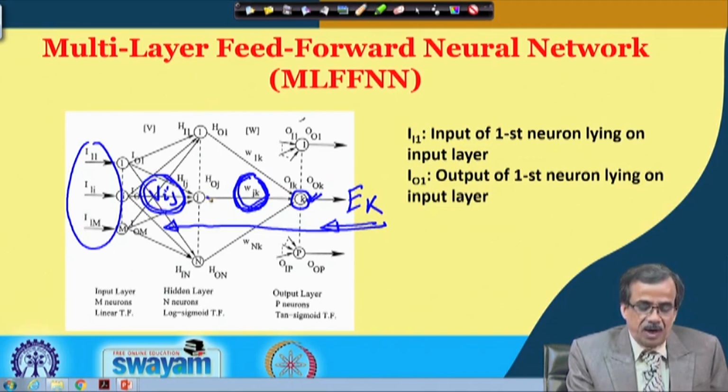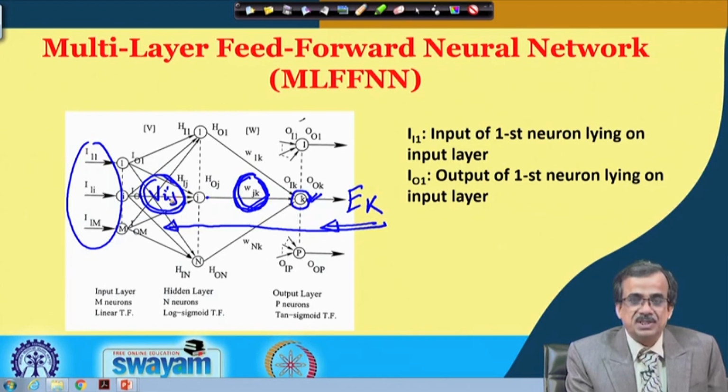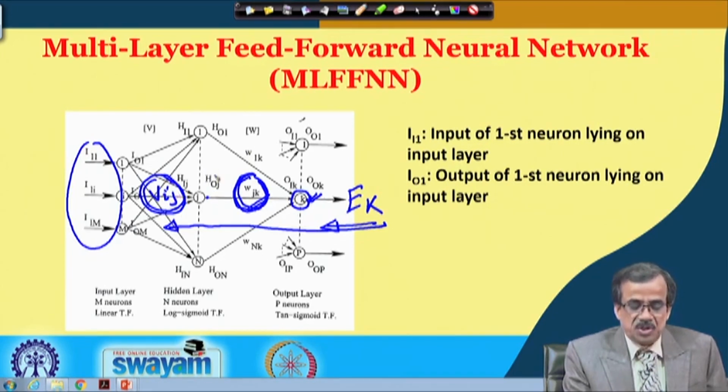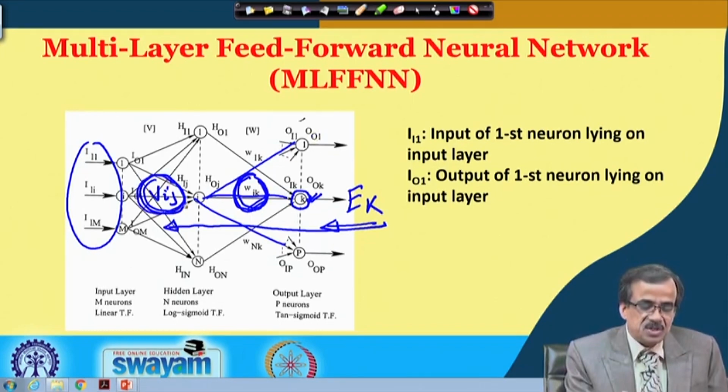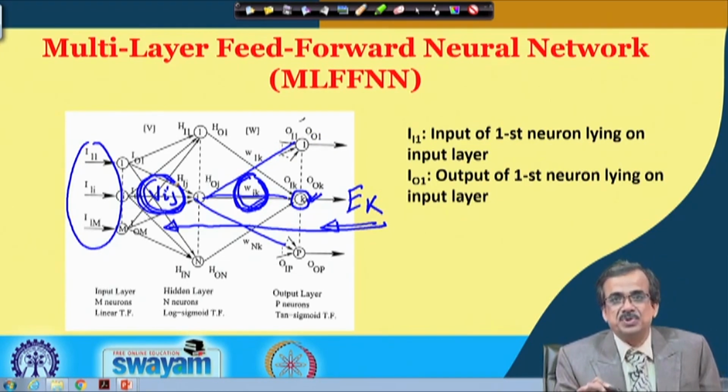On the other hand, if I want to update this Vij, depending on the Vij, I will be getting some output here. Now, this Hoj has got at least some contribution of this Vij. This Hoj is connected to all the output neurons. So, whatever outputs we are getting at the different neurons of the output layer, this Vij has got at least some contribution.